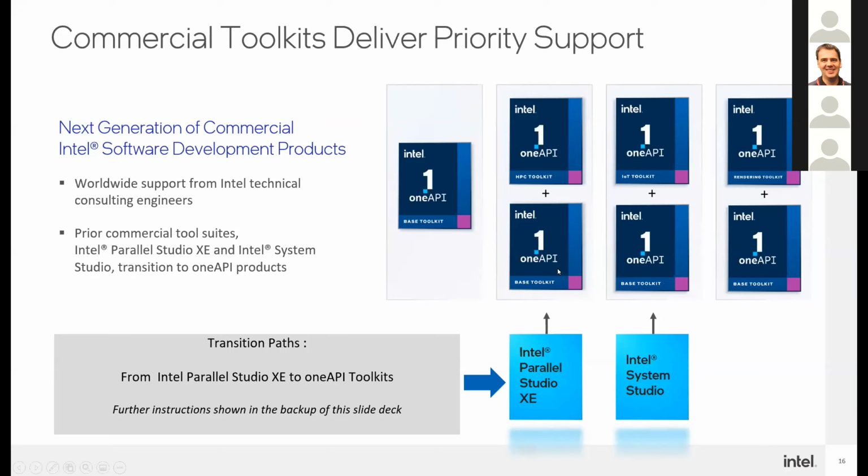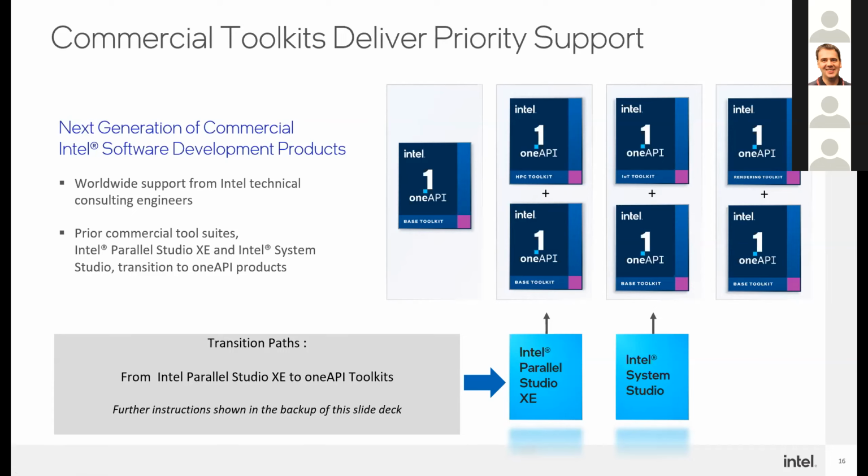So for Parallel Studio, pretty much all the components, and I have another slide that goes into a bit more detail about that, are now part of the base toolkit and the HPC toolkit. So basically, if you have Parallel Studio XE right now, you can transition with the combined base and HPC toolkit into the oneAPI world. There are a bit more instructions in the slide deck, which will be available to you. It should be available by now.